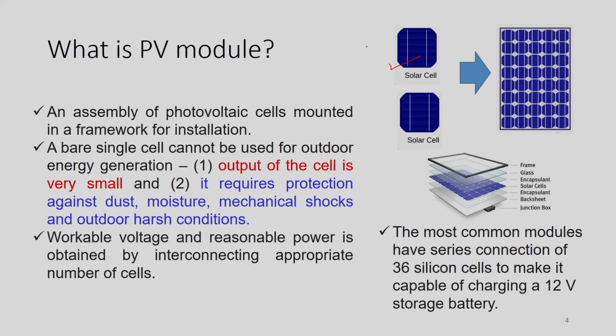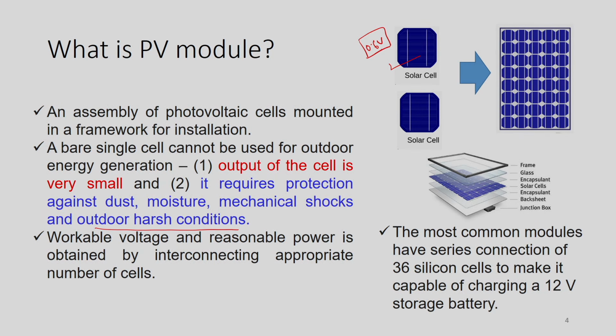A single cell will provide about 0.6 volt, so it cannot be used for many practical applications. It also requires protection against dust, moisture, mechanical shock and harsh outdoor conditions.